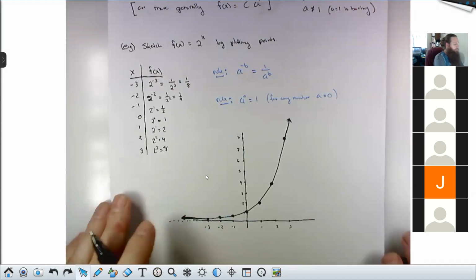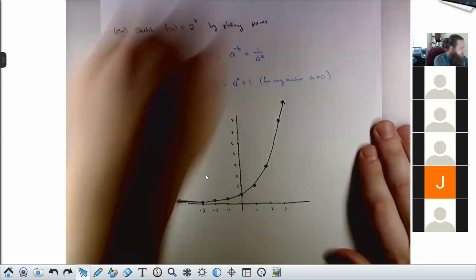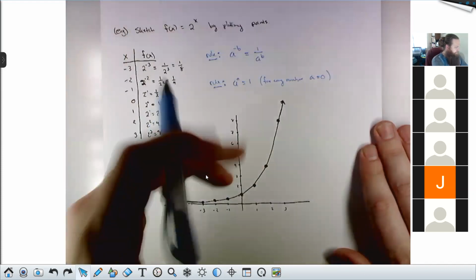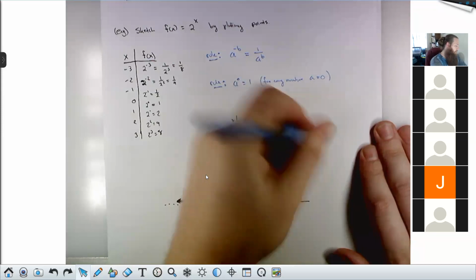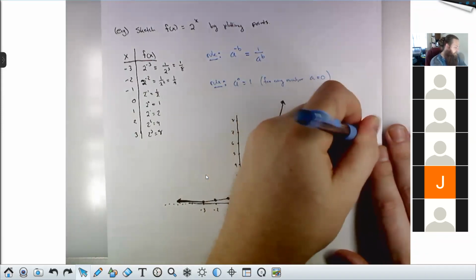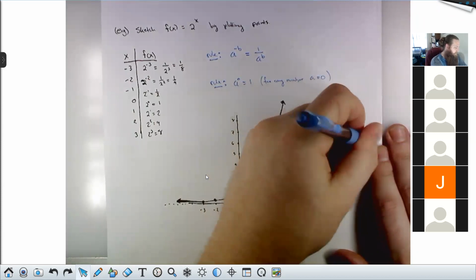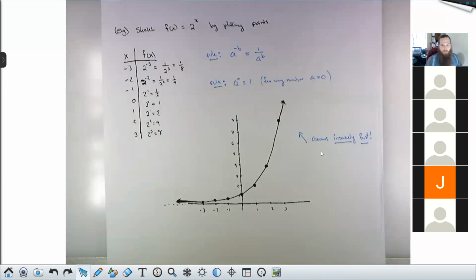to all exponentials. The first thing I want to point out is that this growth over here grows insanely fast. Every time we take a step to the right by 1 unit, this thing doubles in height, right?